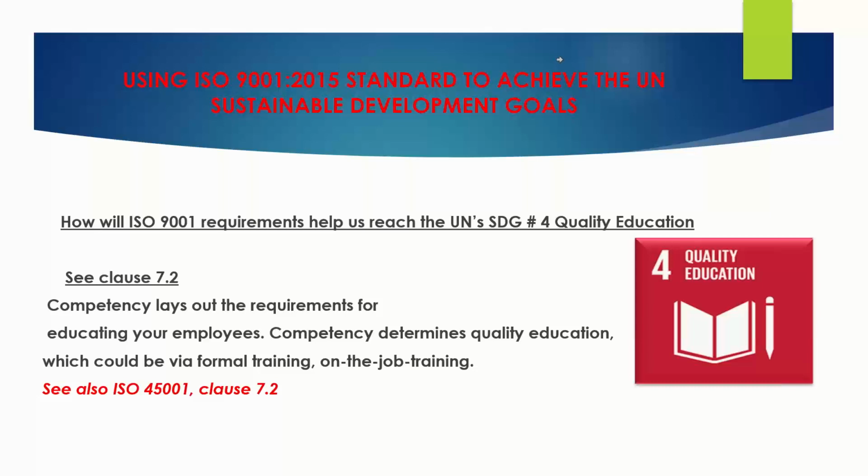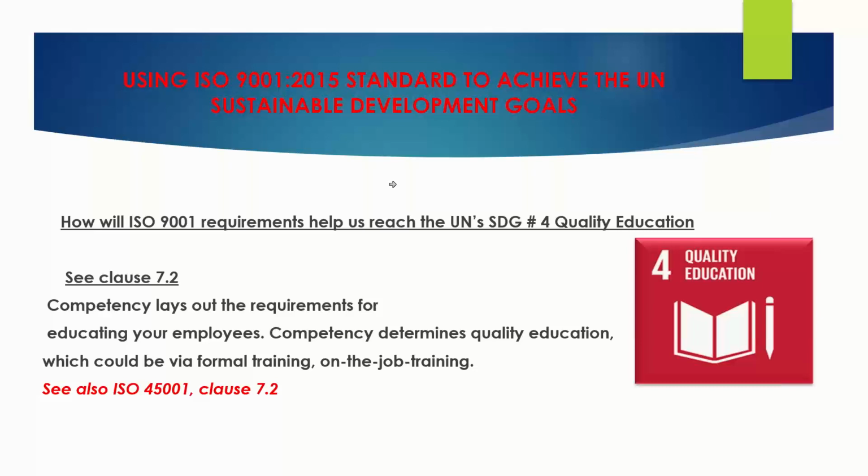Okay, so this training might be formal and informal or on-the-job training. So when we look at the standard, it talks about training as the means of acquiring competency for the people who are going to be employed in the organization.